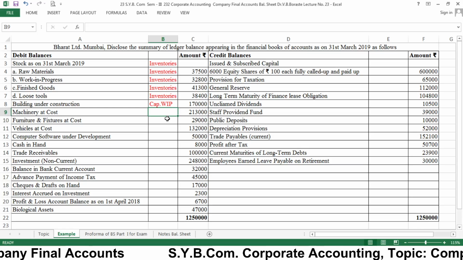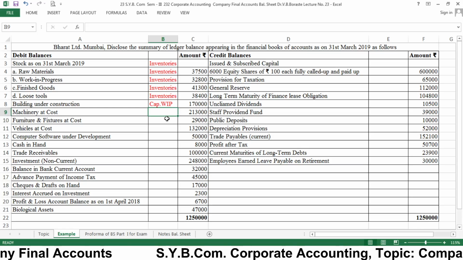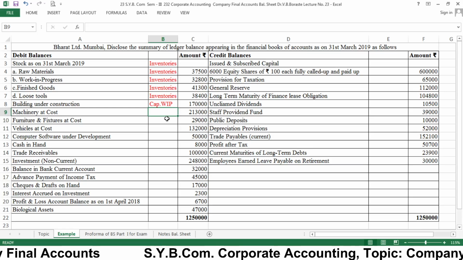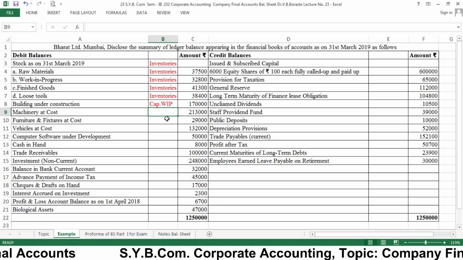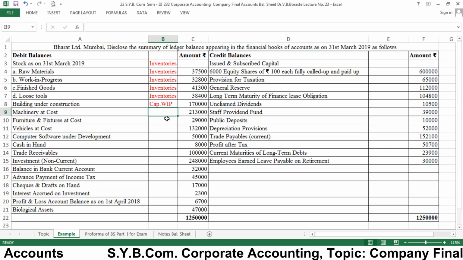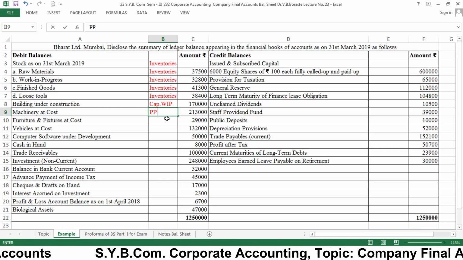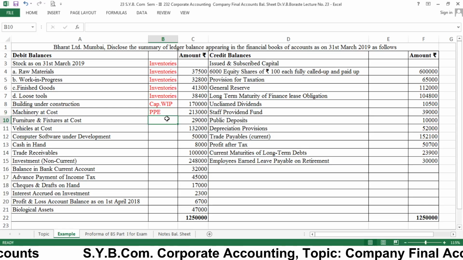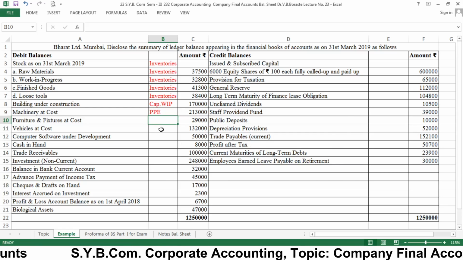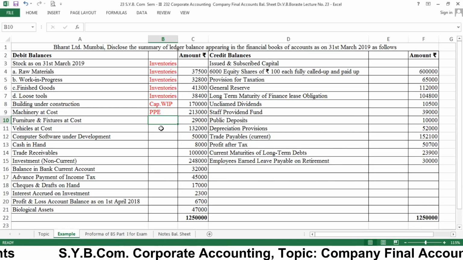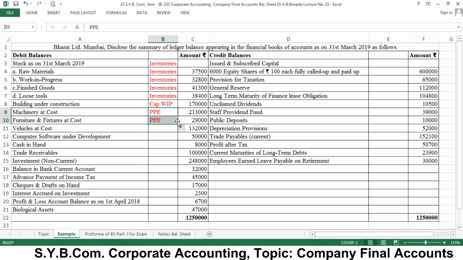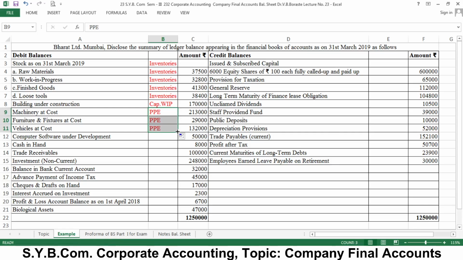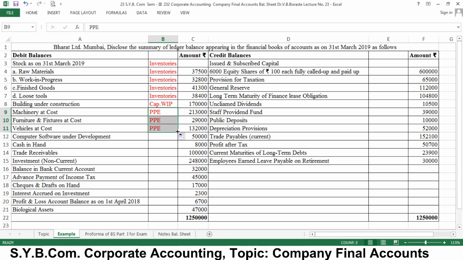In the last video of the headings and subheadings, or we can say the summary chart, we saw that machinery at cost has to be recorded under property, plant and equipment. So it will be posted under the note of property, plant and equipment. Furniture and fixtures again will be posted in the same property, plant and equipment. Vehicles at cost, again it will be posted in property, plant and equipment.